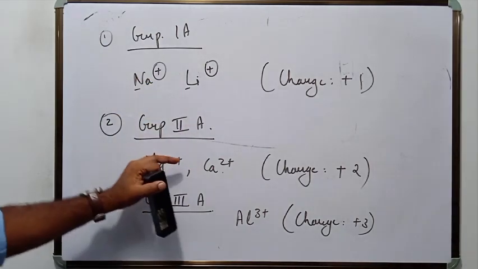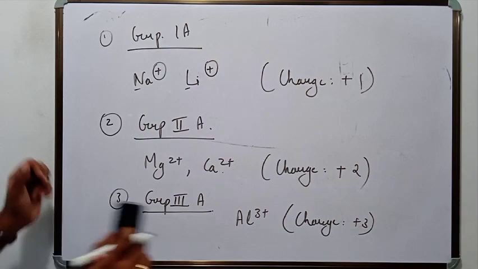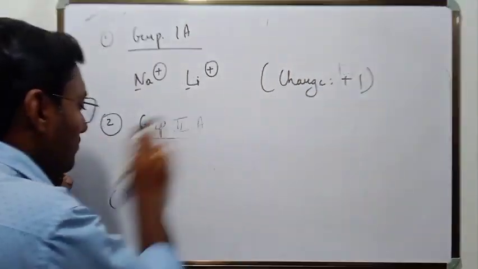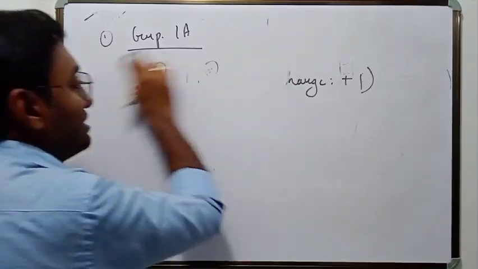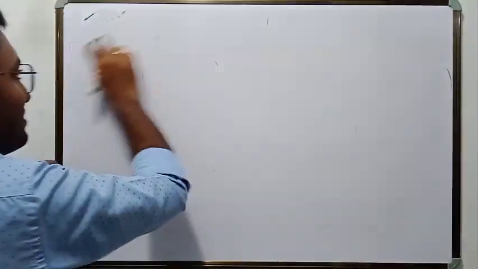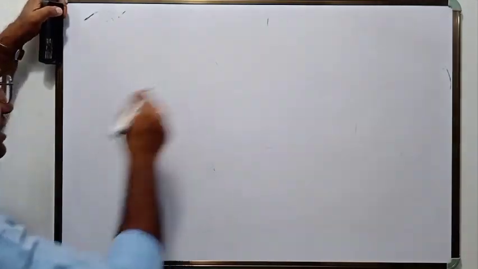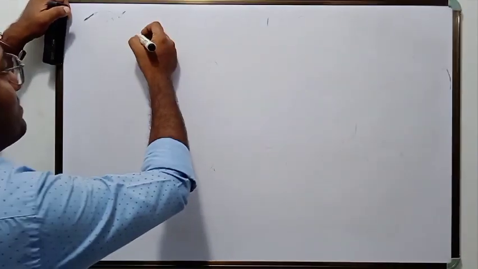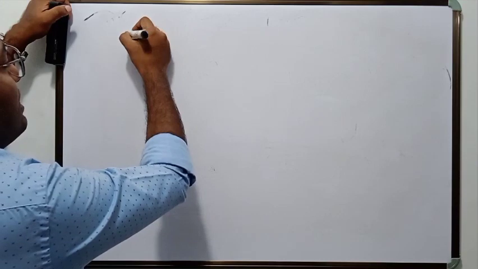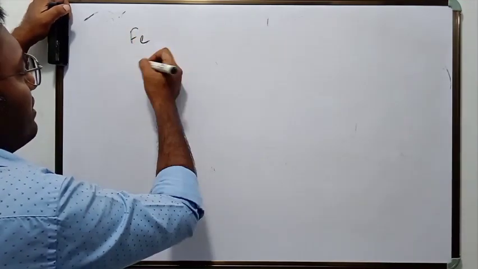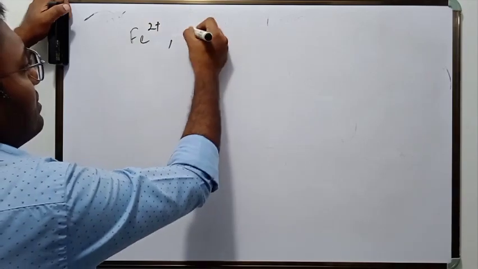So they are on the left side of the table. They go for bonding with what? With elements on the right side of the table, right? Now there are some complex ions also. I want to say here that there are some complex, larger metal ions that also go for ionic bond formation. For example, Fe, iron. It can be stable in both forms.